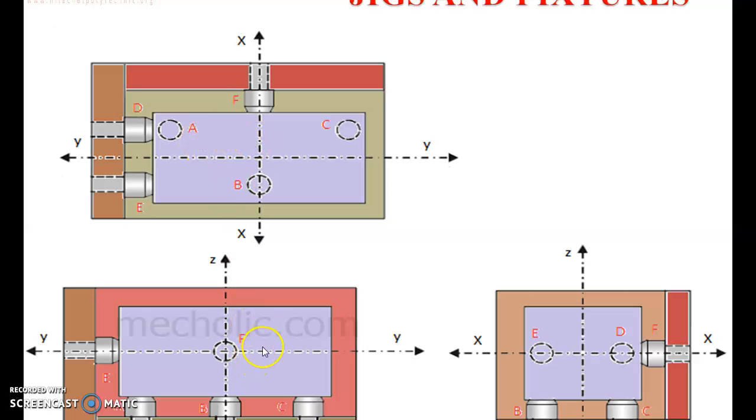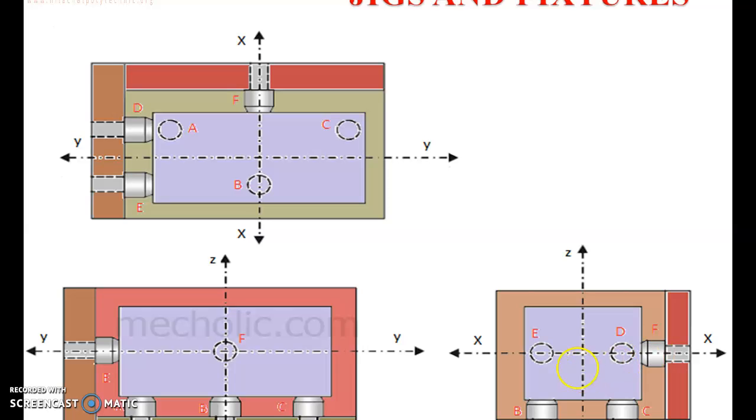The bottom of the block is supported against these 3 points A, B and C. The rear of the block is supported with 2 points. You can visualize this in the slide also. And the side of the block rests against a single point.